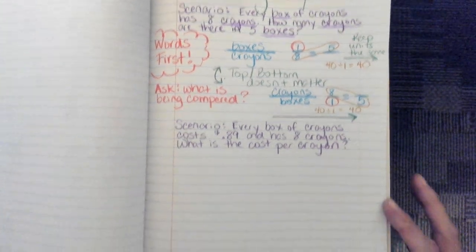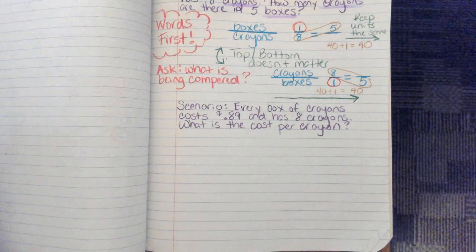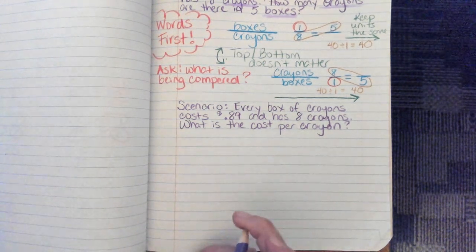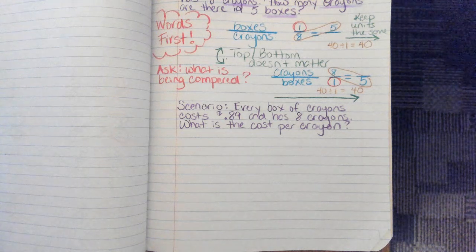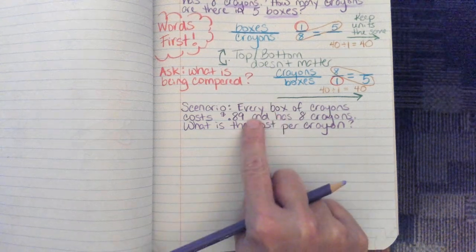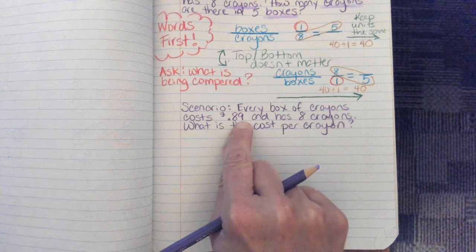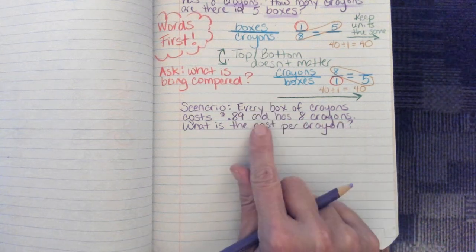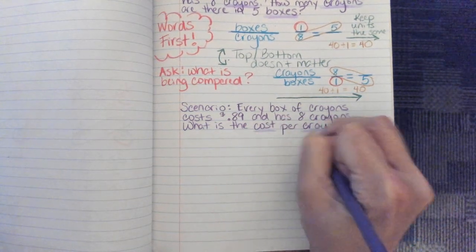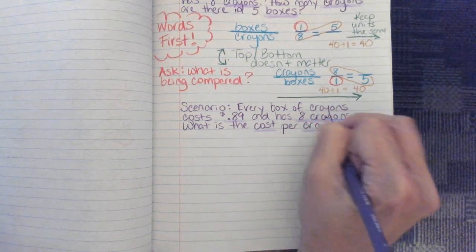So let's use the same process to set up our more complicated proportion. Again, words first. Every box of crayons costs 89 cents and has 8 crayons. What is the cost per crayon? I see the box here, but it's only mentioning the box once. Cost per crayon, 89 cents for 8 crayons.